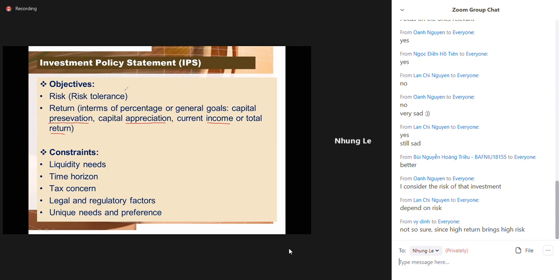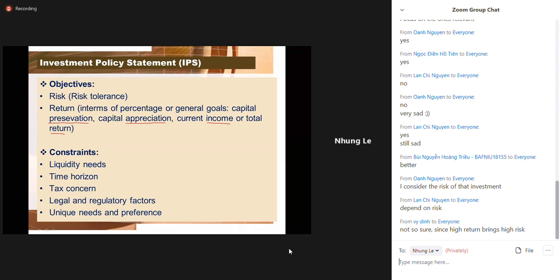That's why when they invest, the main purpose is just to keep pace with inflation. So we have capital preservation, with a low target return. You should build the strategy and invest in less risky investment.